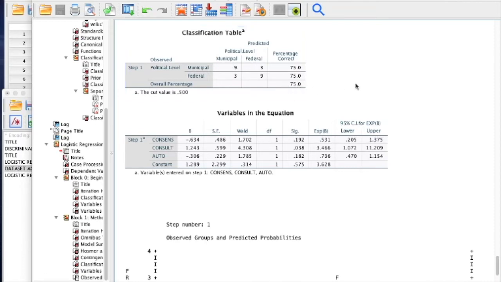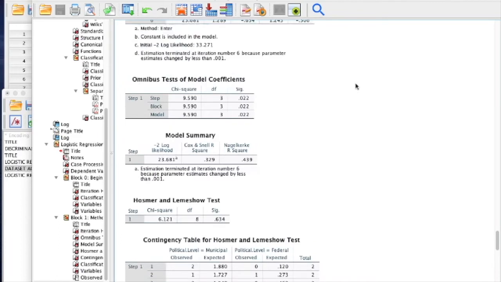So remember, based on this test, we've significantly improved the model from baseline.